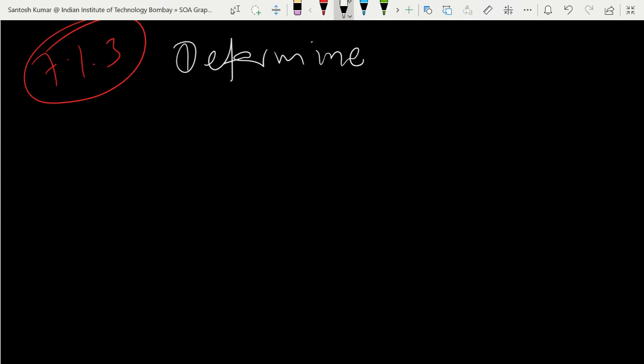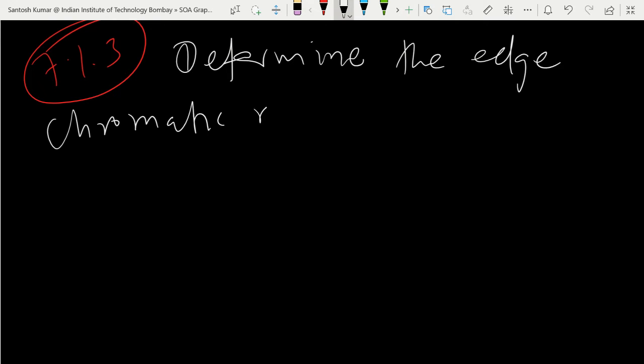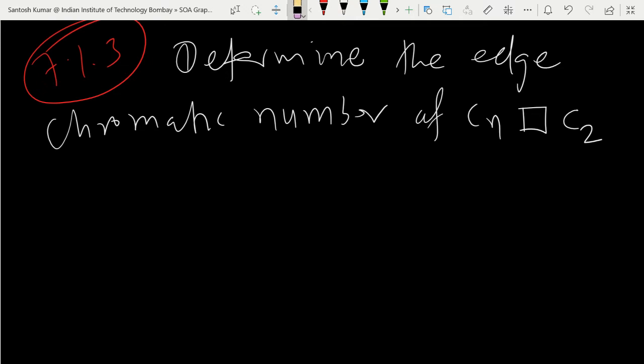So the next question is 7.1.3, and in this they're asking you to determine the chromatic number of Cn Cartesian product with K2. Cn means a cycle with n vertices, Cartesian product with K2. So can you try?